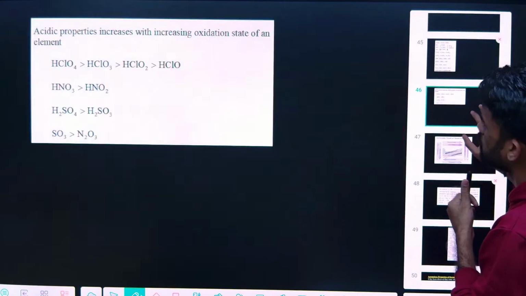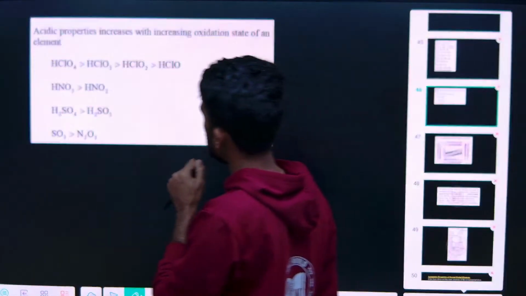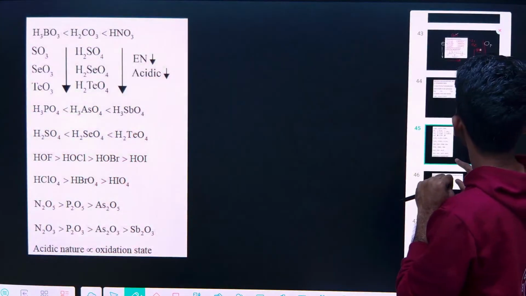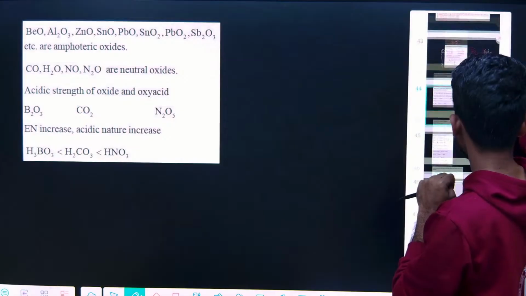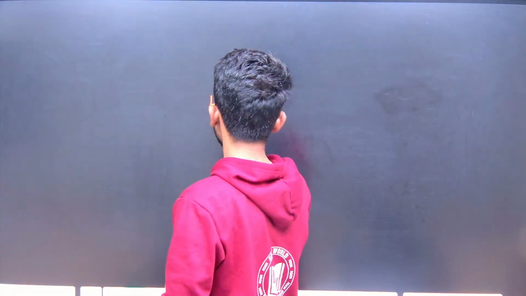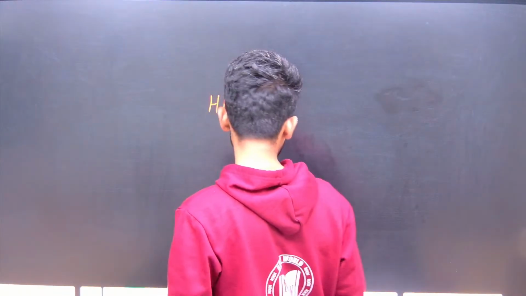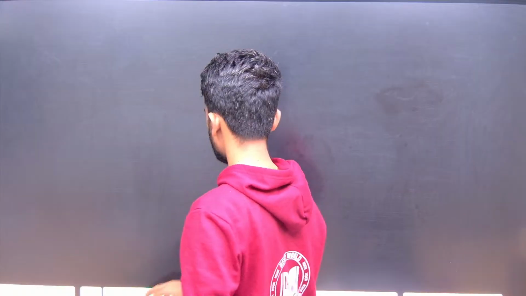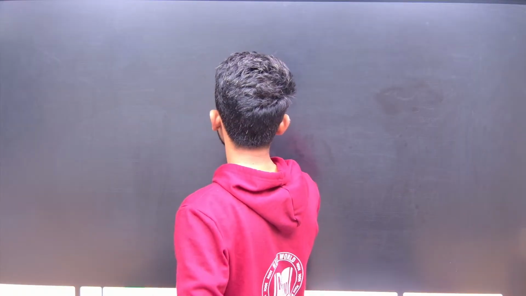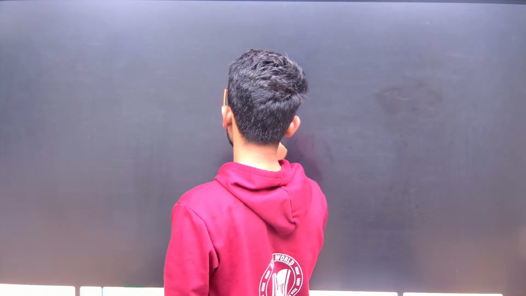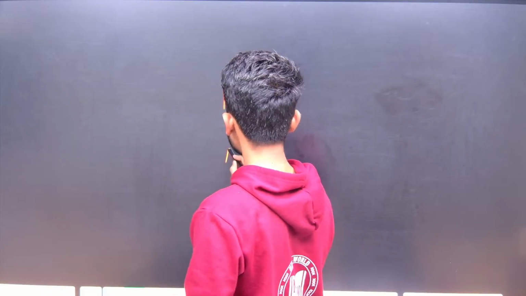Just wait, I will show you some questions. Just make a question, HNO3. Otherwise, oxides I am saying now, so take oxides first, then we will come to acids. N2O3, P2O3, As2O3.